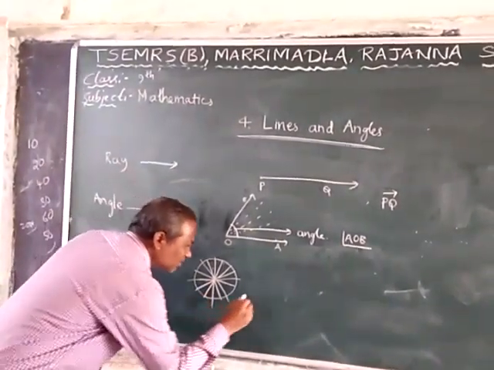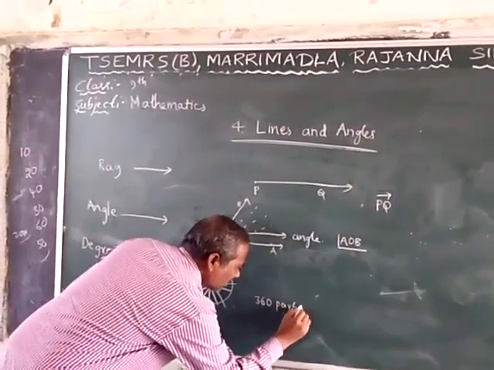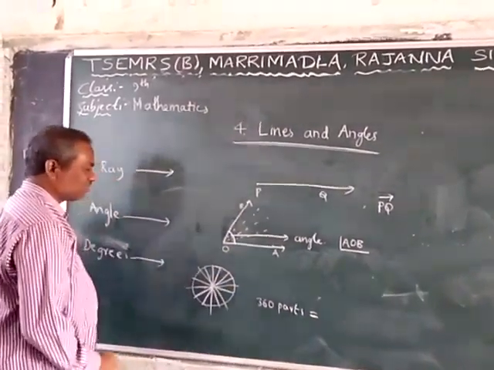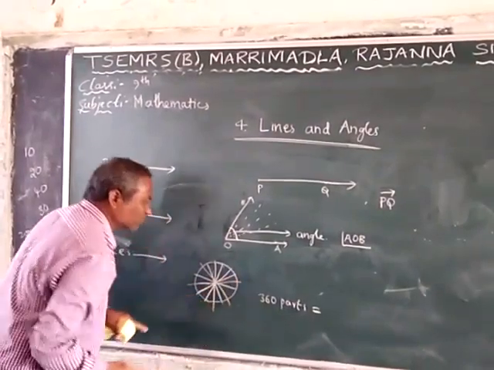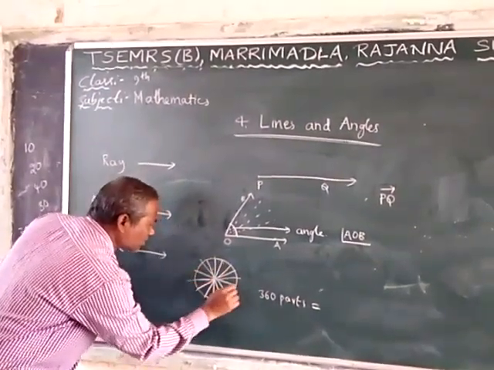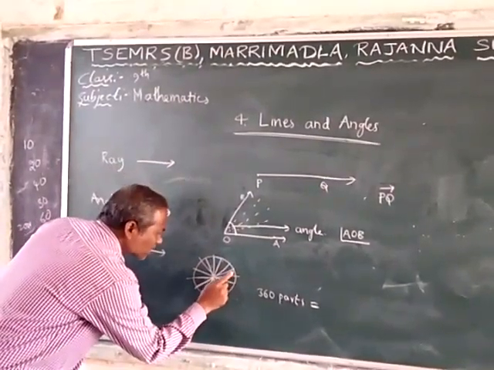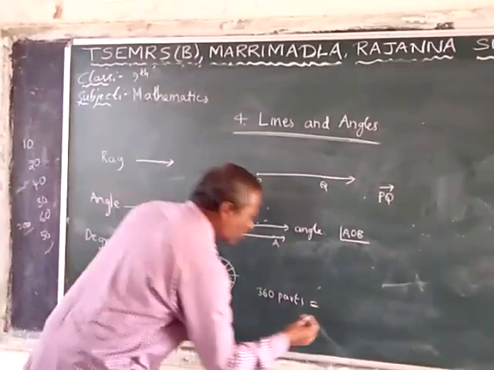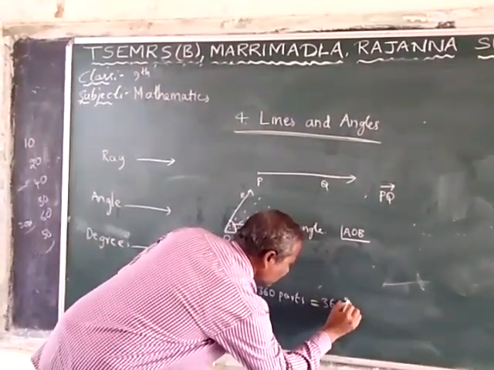What do you call it? 360 parts. The angle is subtended by a particular part, a single part, when it is divided into 360 parts. The angle of one part subtended at the center is called 1 degree, and the full circle is 360 degrees.